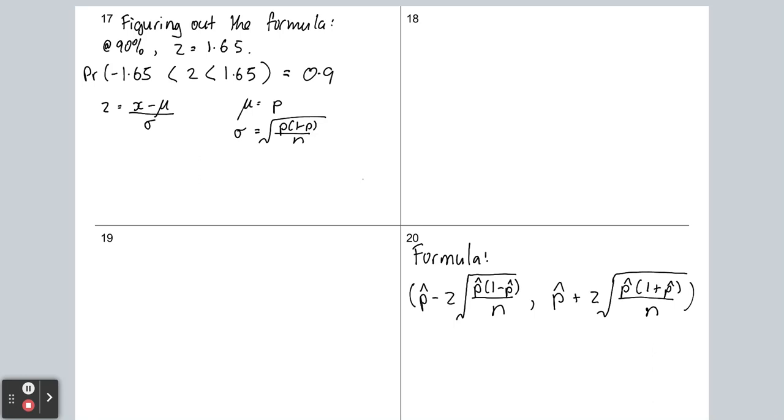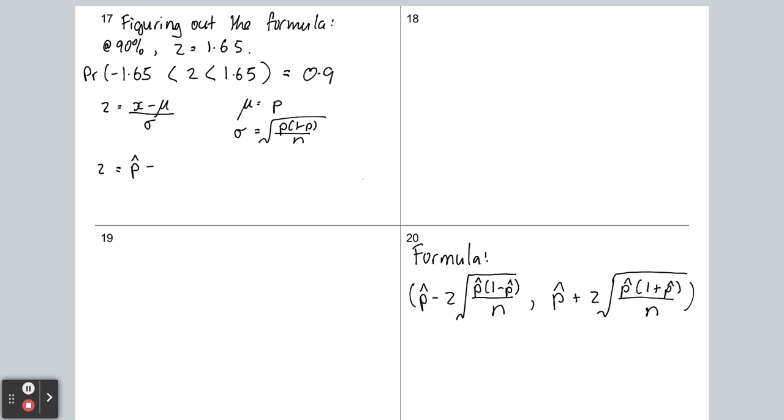Okay, so what we're going to do is come up with a new expression for Z, which effectively is the middle here, using the following values. X is going to be our value of our sample proportion, P hat.